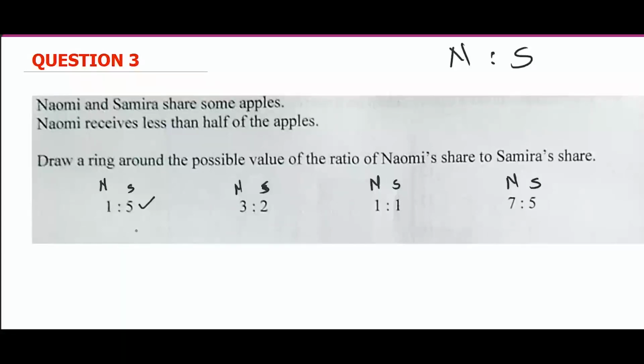Half of 5 should be 2.5, and Naomi is less than this 2.5, so this meets the criteria. If you check this one, 1:1, they have the same thing, that is 50-50, and here Naomi has more than Samira, so the correct option is the first one. So let me draw a ring around the answer as required. So this is the answer.